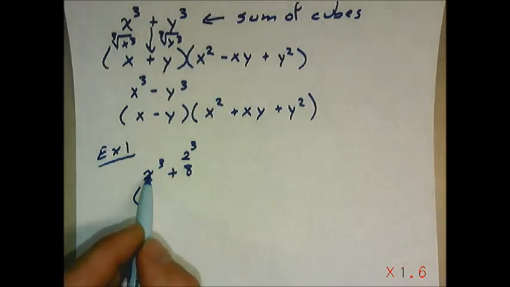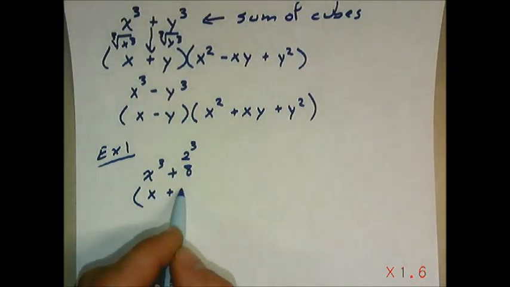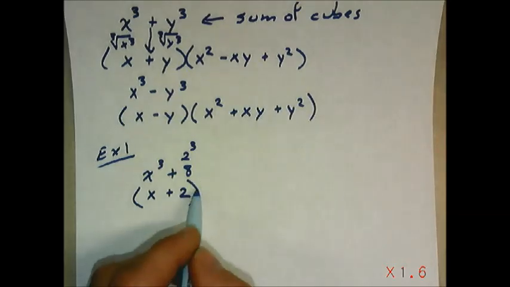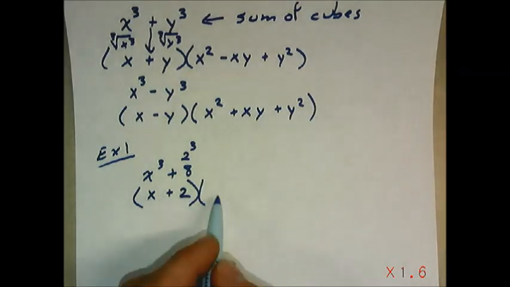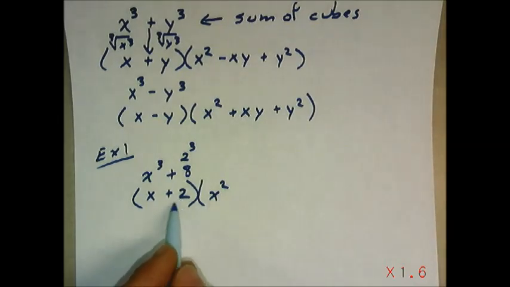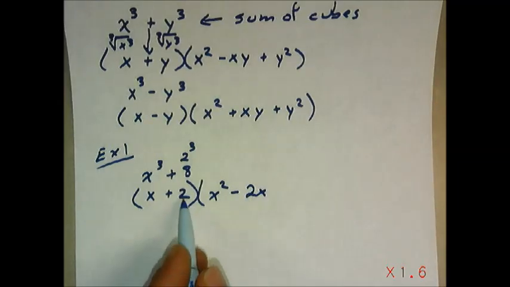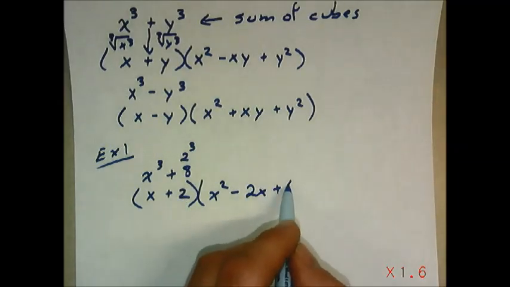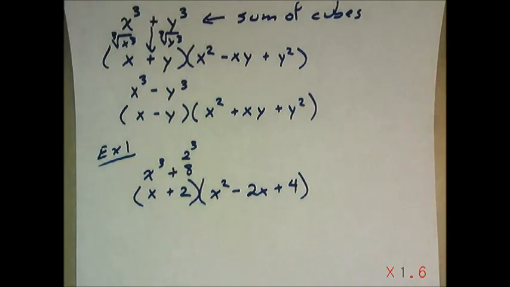So to factor this, we're going to take the cube root of x to the third, which is x, the cube root of 2 to the third, which is 2. Our trinomial, we're going to take x and multiply it to itself, so x squared. We're going to multiply the two together and change the sign. And we're going to multiply the last one to itself. 2 times 2 gives us 4. And that's our factored form.